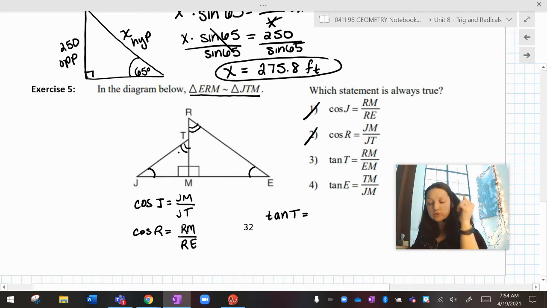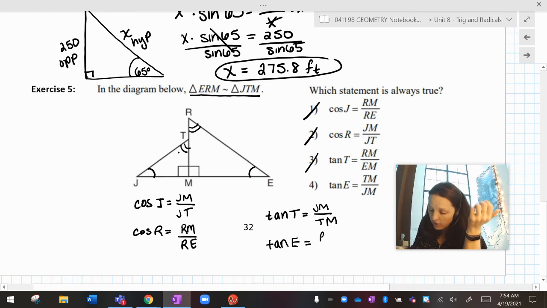T is right here. Tangent is opposite over adjacent. That would be JM over TM. Nope, that doesn't seem to work. Now let's try tan E. Tan E again would be opposite over adjacent, so that's RM over ME, opposite over adjacent. That's not it either.